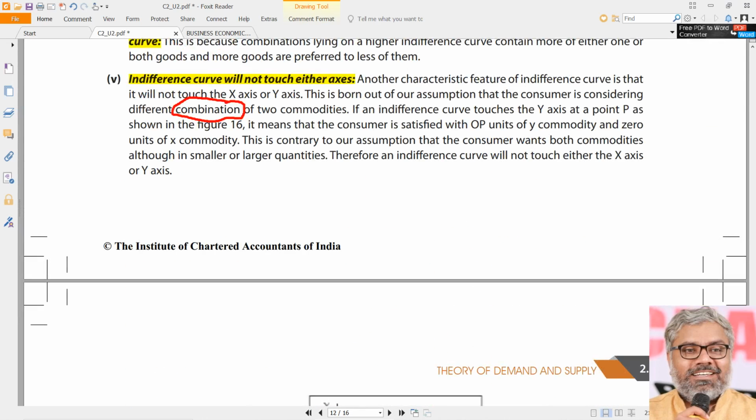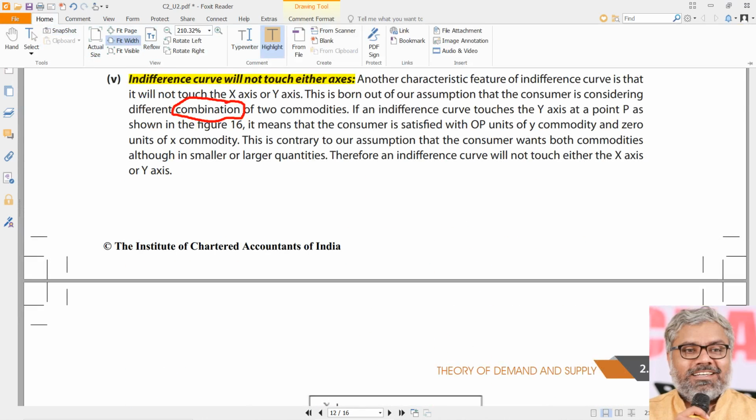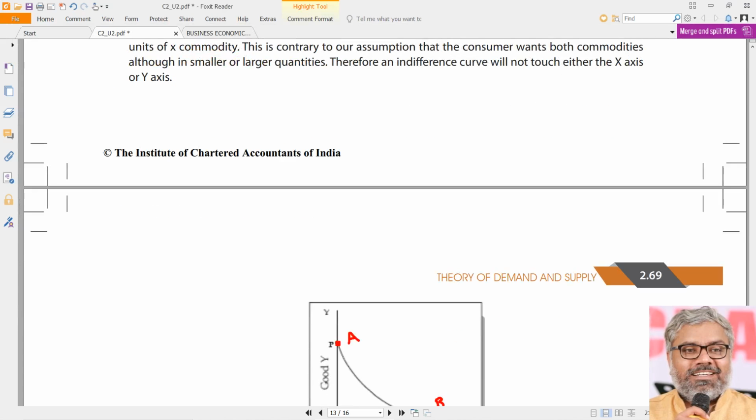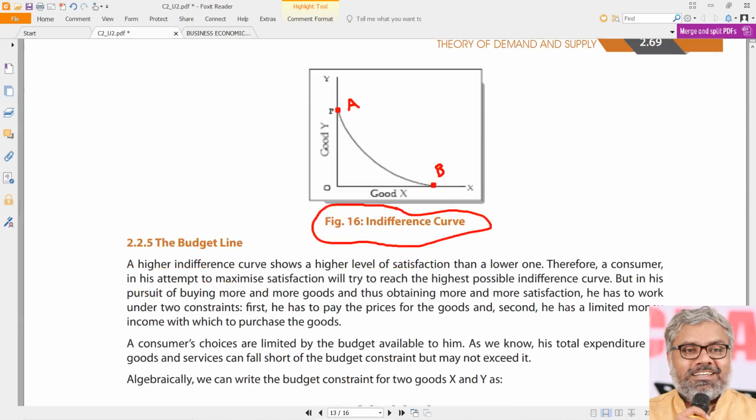And once again, I want to remind you, indifference curve was only talking about quantities, not amounts, not rupees, not money. Money was never the point in that entire discussion. It was only about quantities and the satisfaction derived by consuming some quantity of two types of commodities. That is indifference curve analysis.